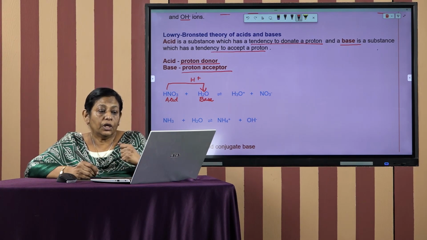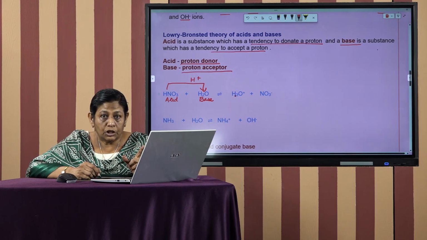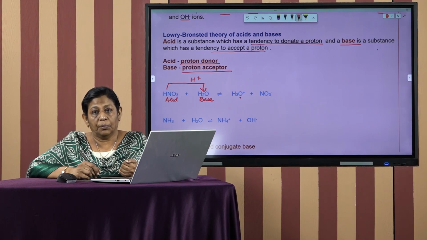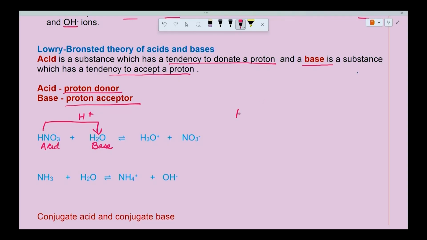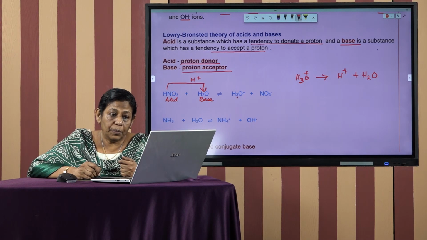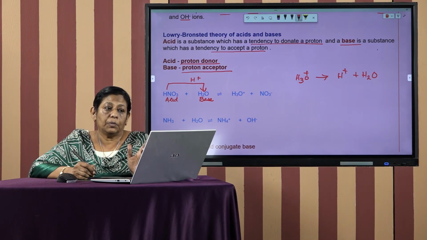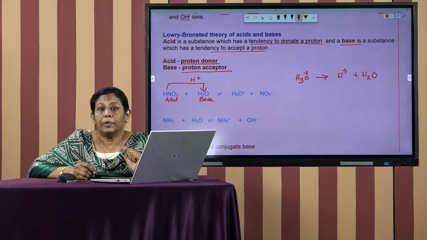Okay. Now, here you can see you have an ion H3O plus, and this ion is capable of donating a proton, because H3O plus can donate a proton and change to a water molecule. So, H3O plus, which is capable of donating a proton according to the Lowry-Bronsted concept, will be an acid.